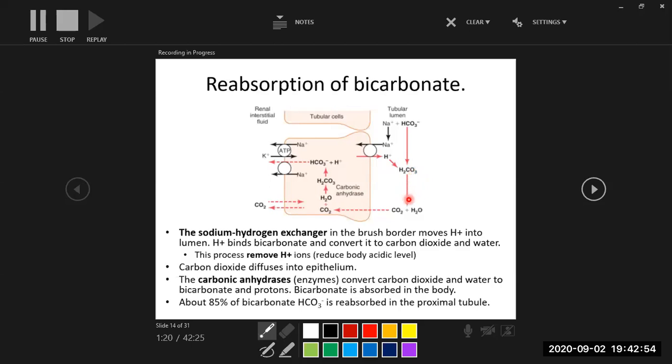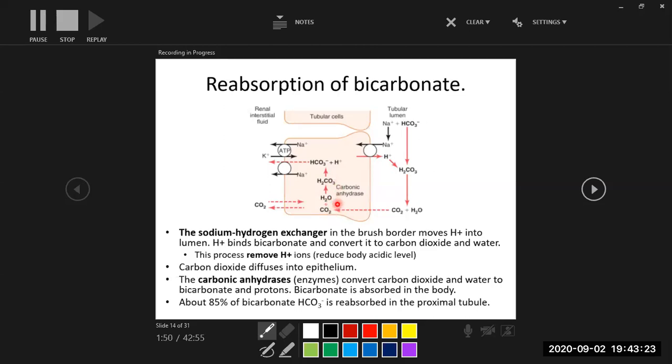And then this quickly separates into CO2 and water. CO2 is a gas, and that can penetrate through the cell membrane. So it diffuses over, and meets with water to form H2CO3.